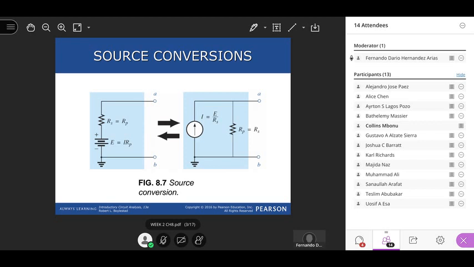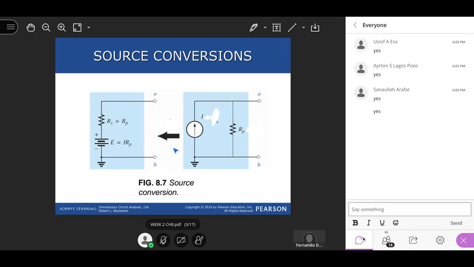Also, we mentioned how to do the opposite, from a current source into a voltage source. And again, we use Ohm's law to calculate E. We just take the value of I and multiply by RP.